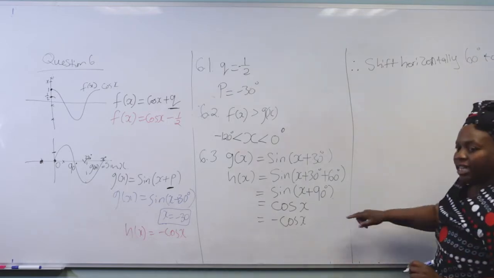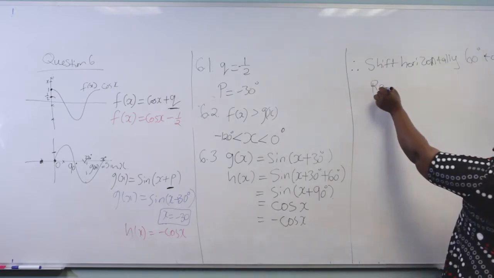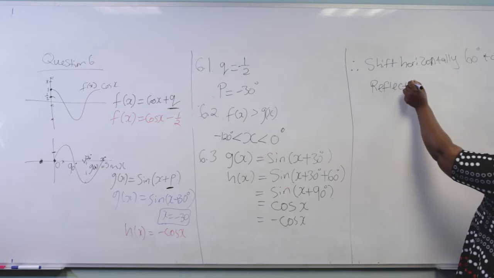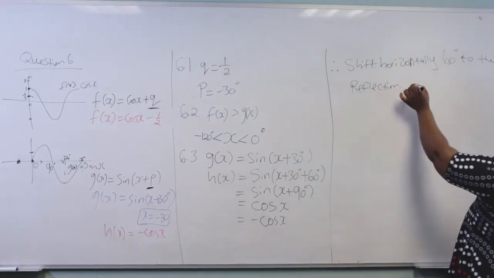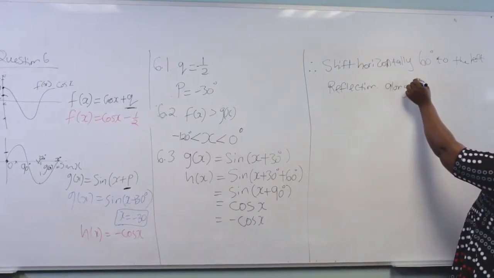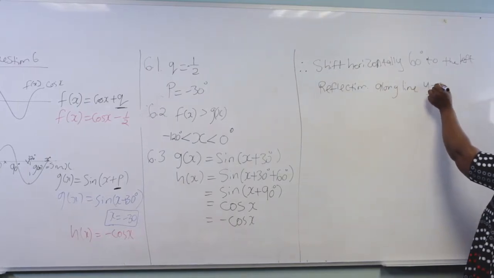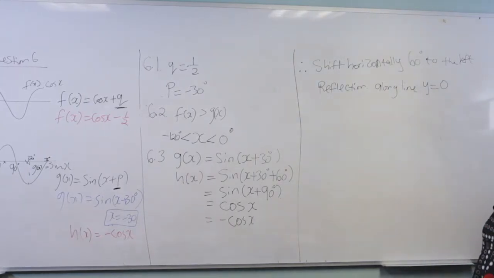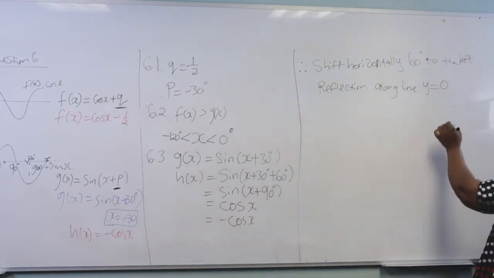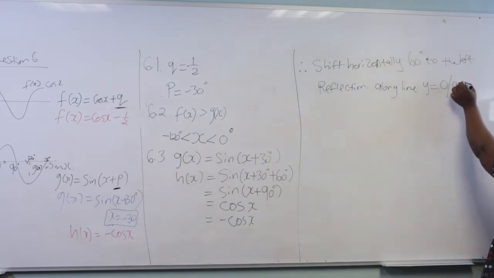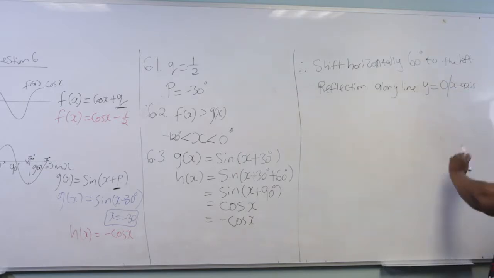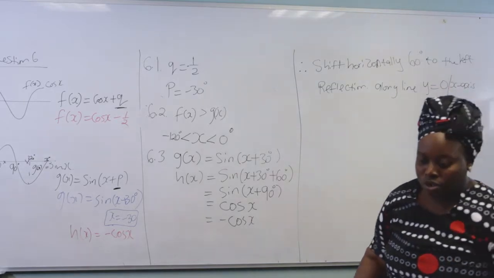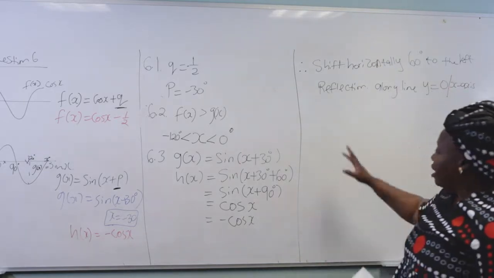And another one is that there's a reflection along the line y equals 0 or the x-axis. So you can use line y equals 0 or x-axis. So these are the 2 explanations that they wanted you to do, and it's 2 marks. So each of them has 1.